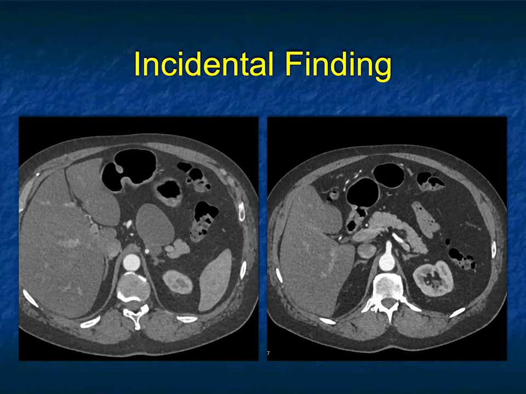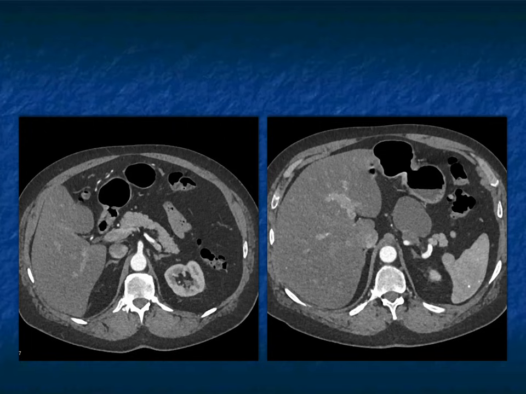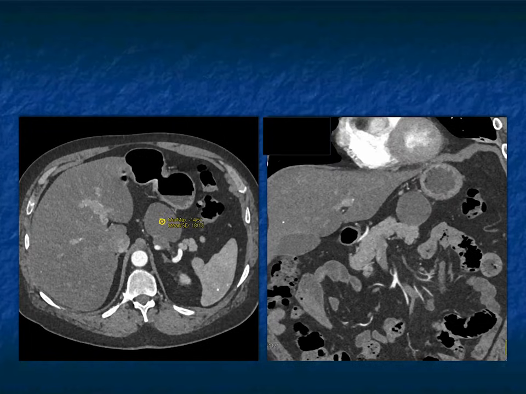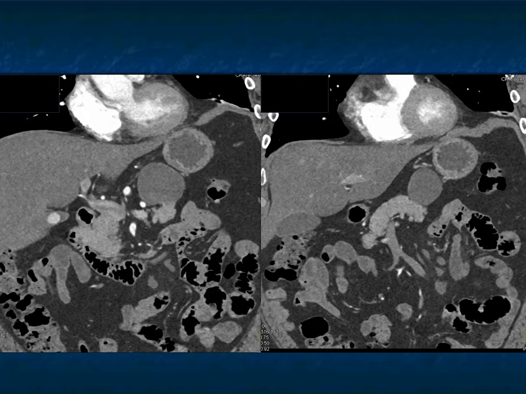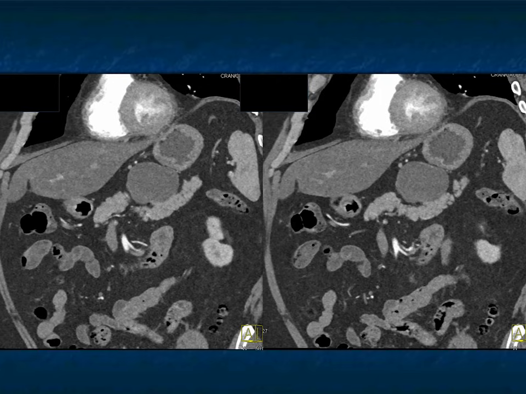Incidental finding, cystic lesion. You're not even sure where it is. Is it a mesenteric cyst or is it off the pancreas? When you look at all of the images, it's abutting the pancreas. Now, you still could say mesenteric cyst simply pushing on the pancreas. When I see a lesion very close to the pancreas coming off the gland, like this one seems to do, I always think about lymphatic cysts. Again, you think of lymphangiomas, you think of mesenteric cysts.